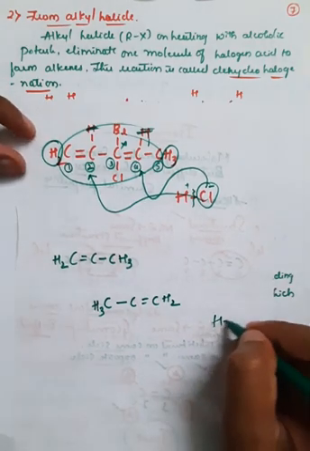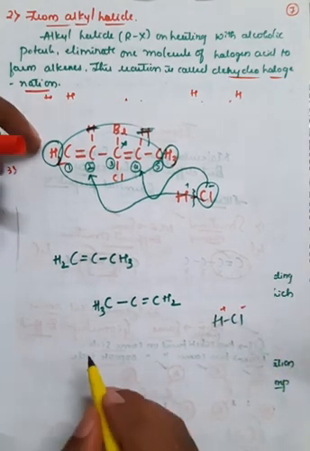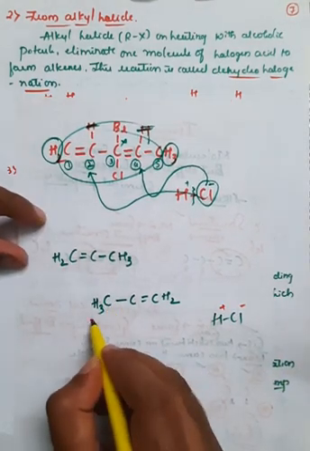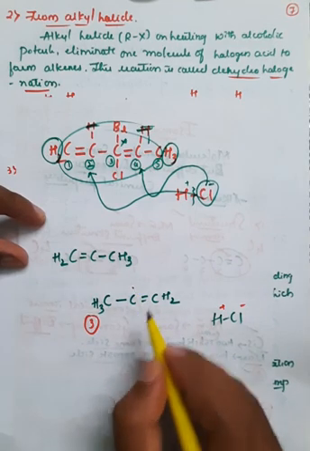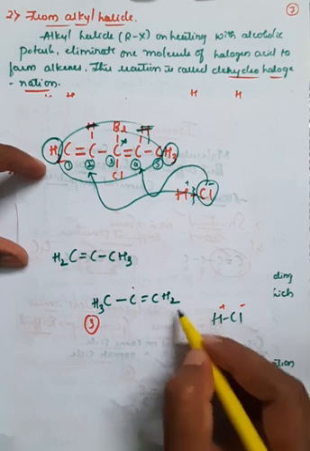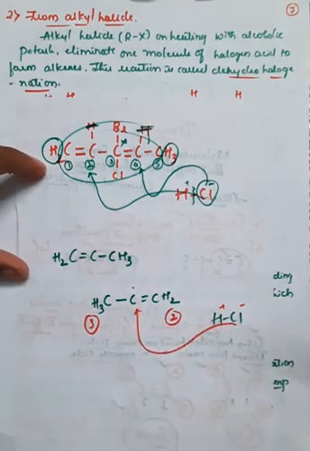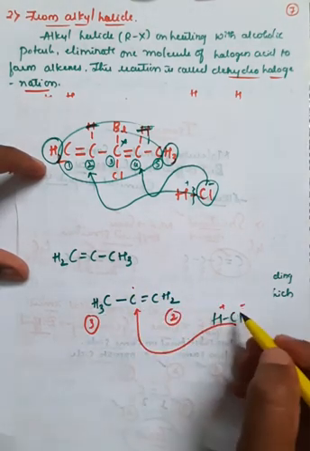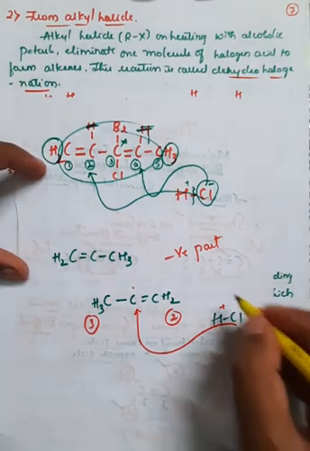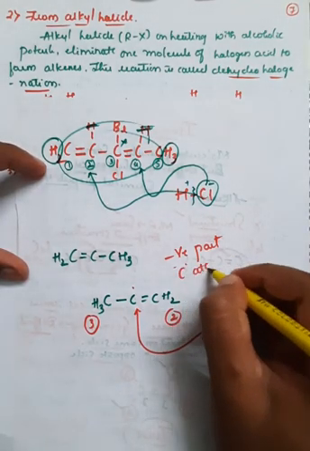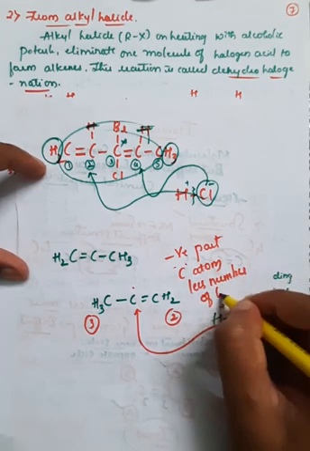Here if you take HCl, it is H plus and Cl minus. The first carbon has 3 hydrogen atoms, the second carbon has only 1 hydrogen atom, and the third carbon has 2 hydrogen atoms. Therefore this Cl can attach to this carbon atom, right? So the negative part of the attacking molecule will attach to that carbon atom which possesses fewer hydrogen atoms.